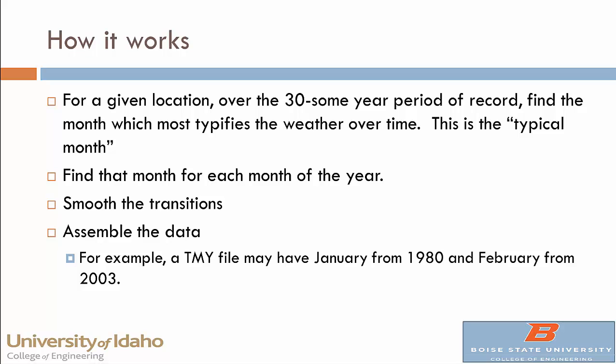And they had a very rigorous statistical way of coming to that conclusion, and that became the month they put in the typical meteorological year file. And then they went to February and said, okay, what's the most typical February? And it was probably a different year than what the most typical January was. And so the other thing they did was look at a couple days before and after and smooth that transition, so you don't have these odd jumps between a January 31st of one year and a February 1st of another year.